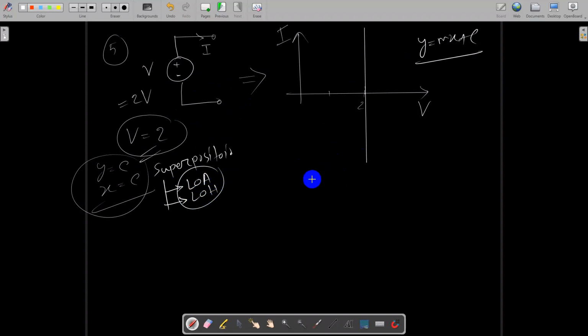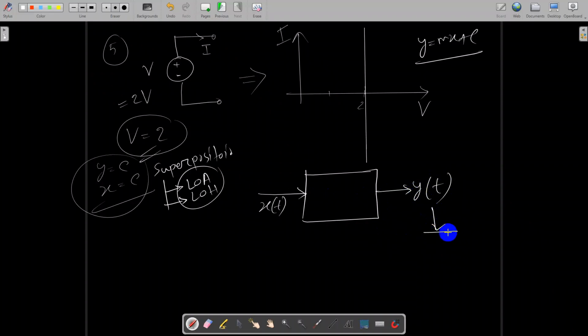Suppose I have a system, and this system is nothing but this voltage source. I have input x of t and output y of t. For the homogeneity property, if I scale this y of t by a scalar, suppose the scalar is 3, then this will be 3 y of t.